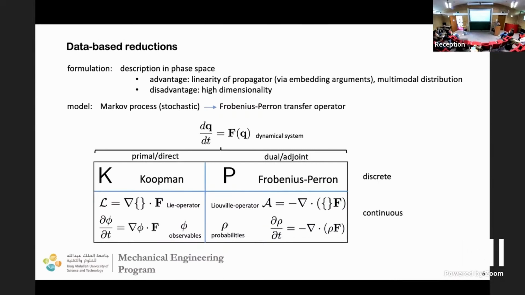On the dual side, we have the Frobenius-Perron operator. In that case, we're not propagating observables, we're propagating probabilities. And the Liouville operator is the continuous equivalent of the Frobenius-Perron operator. In this case, it's not an evolution equation. Well, it is an evolution equation, but it's a conservation law.